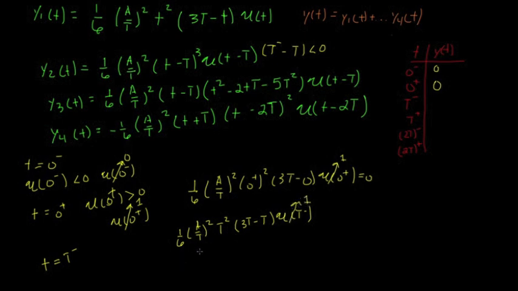So we would continue reducing, and we would get 1/6 a over capital T quantity squared t squared times 2t.